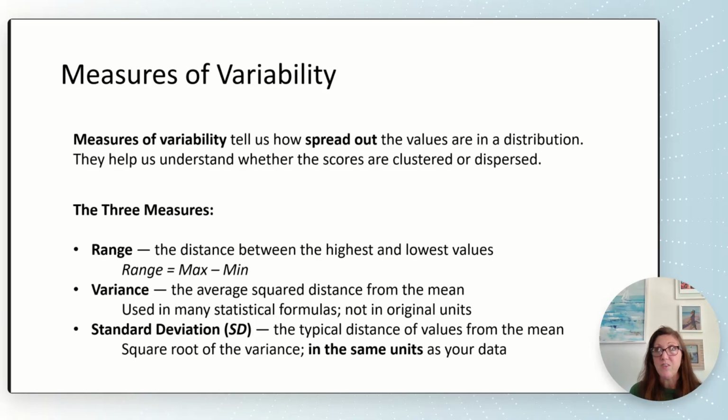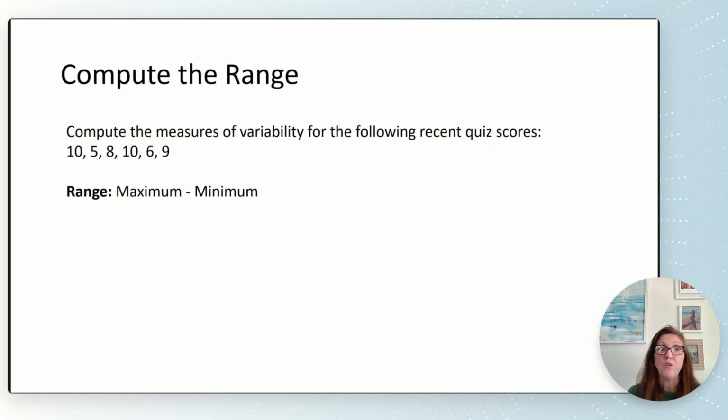Now, how we compute variance and standard deviation has a little bit more detail than one statement, but we'll go through a review of that in a few moments. Okay, so we're going to use the same recent quiz scores that we did for our measures of central tendency to show how we can compute first the range.